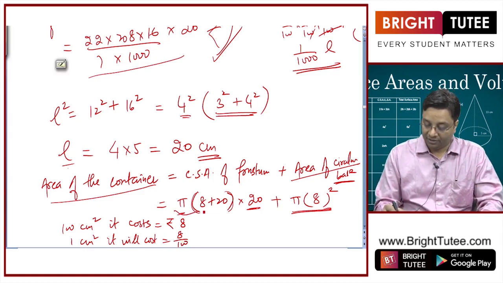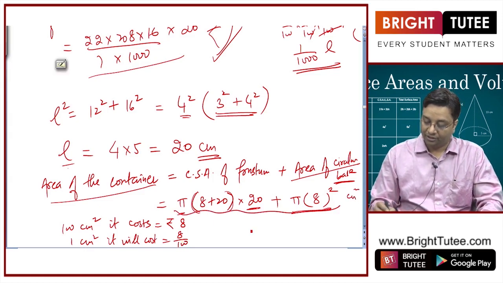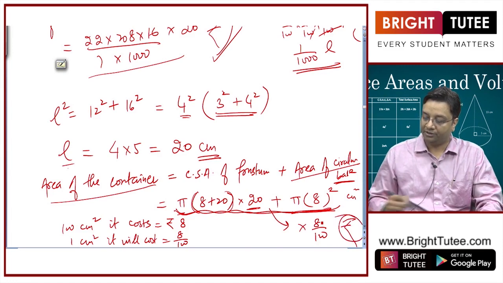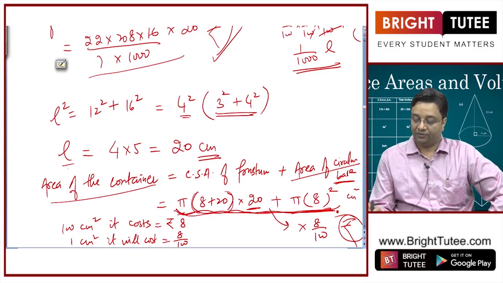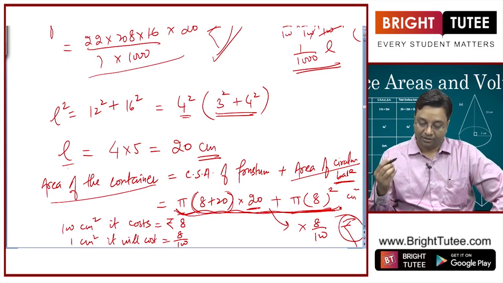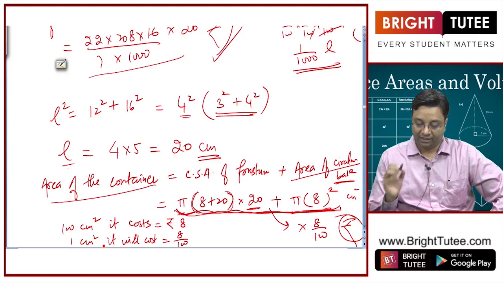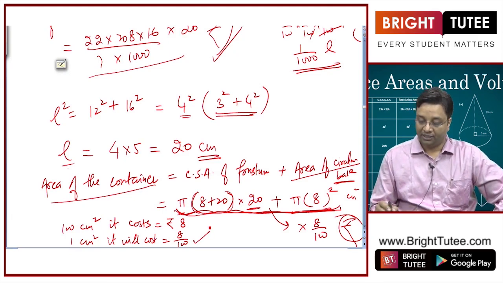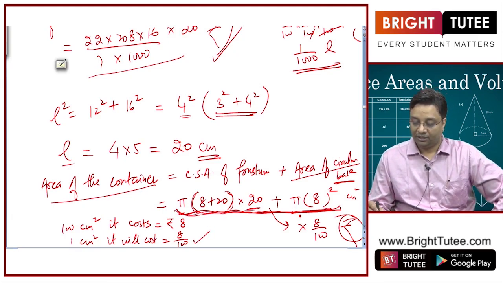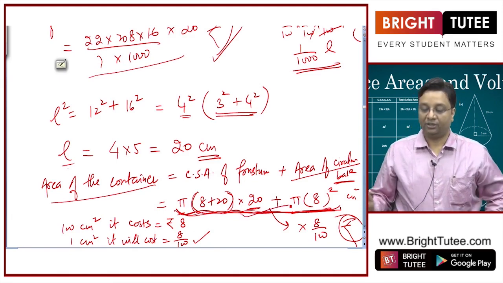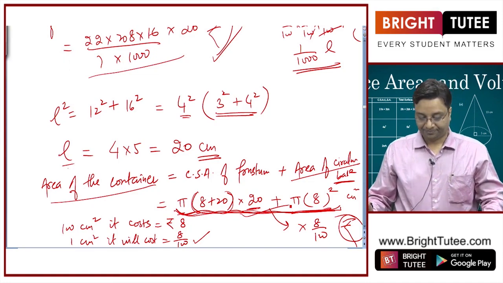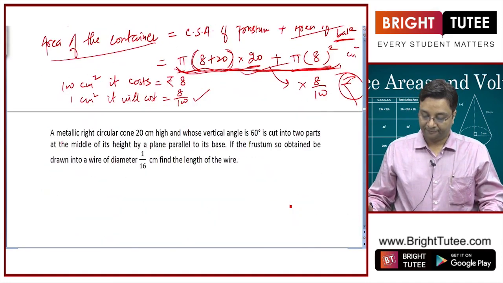So for this much centimeter square you just need to multiply this by 8 by 100 and you will get your answer in rupees. I hope you understand this. This is the area of the container. So 1 centimeter square of metal sheet will cost 8 by 100 rupees and this much area will cost area multiplied by 8 by 100, and this is the calculation part. You do it yourself. All right.